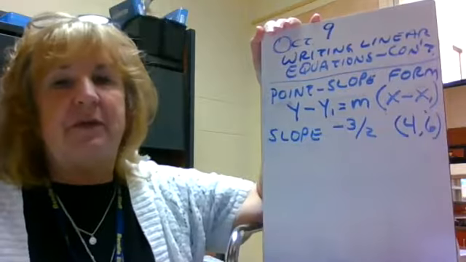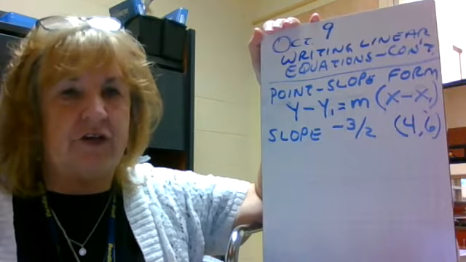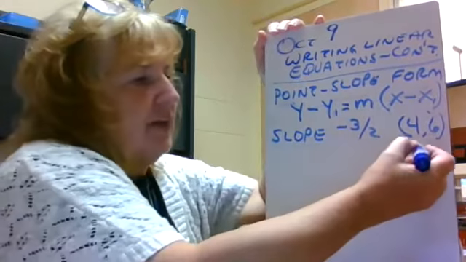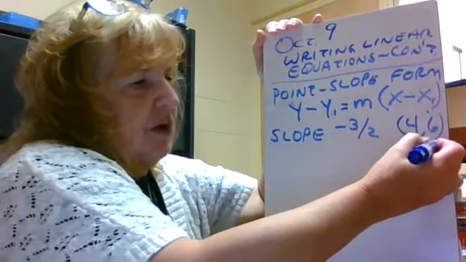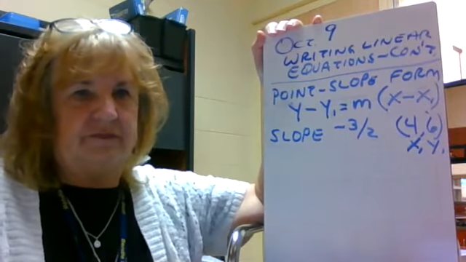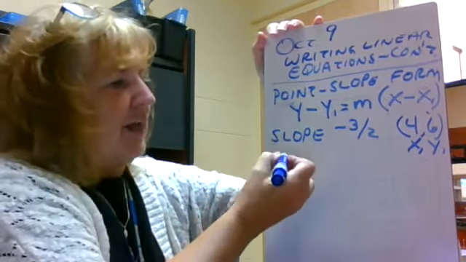And in this problem, it asks you to give both forms. So we're going to actually have to do the algebra that we did at the end of the last problem. So again, this is x1, y1. And we'll plug it in.